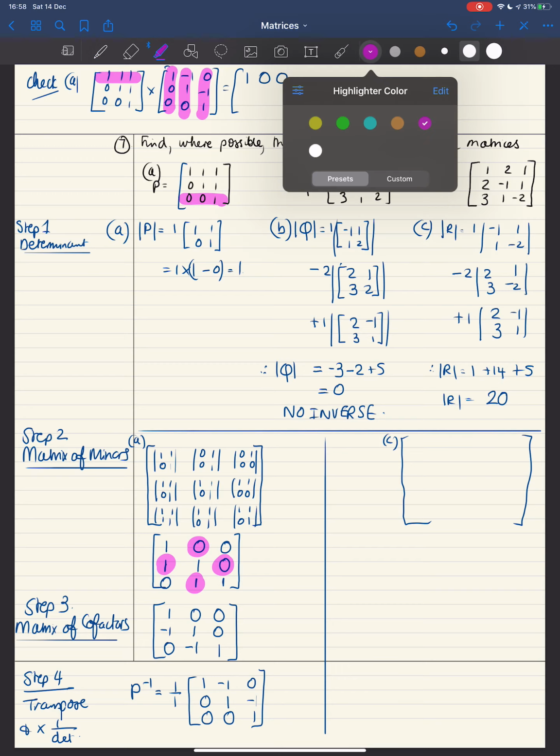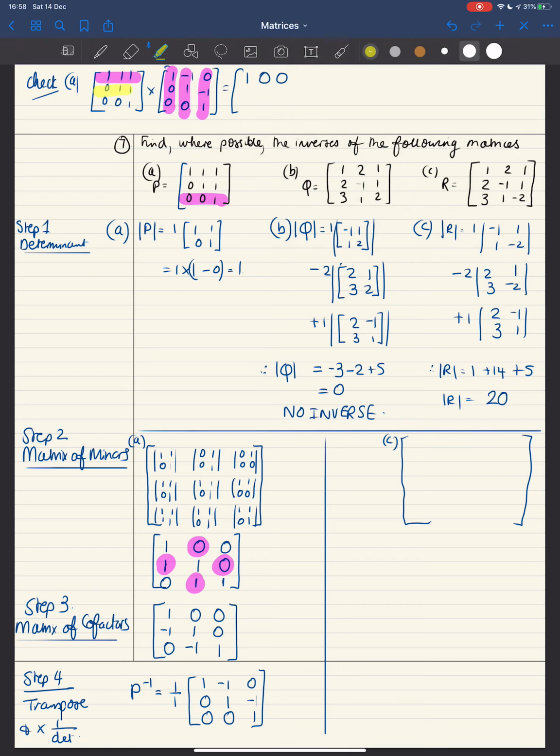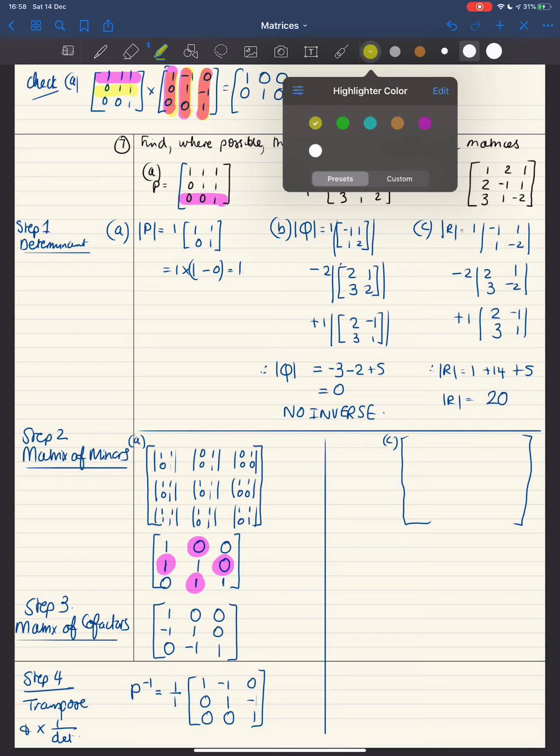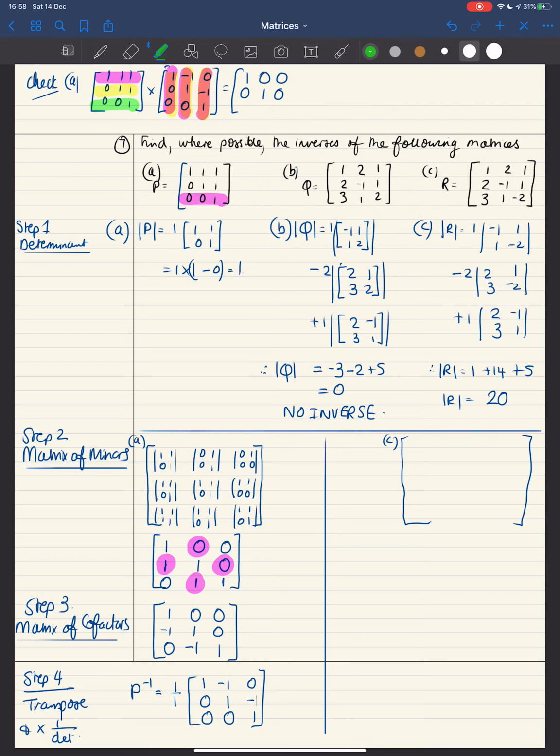And then we move on to the second row with each of these. So it's 0, 0, 0. The next one is 0, 1, 0. And the last one is 0 minus 1 plus 1. And then we do the third row with each of these.